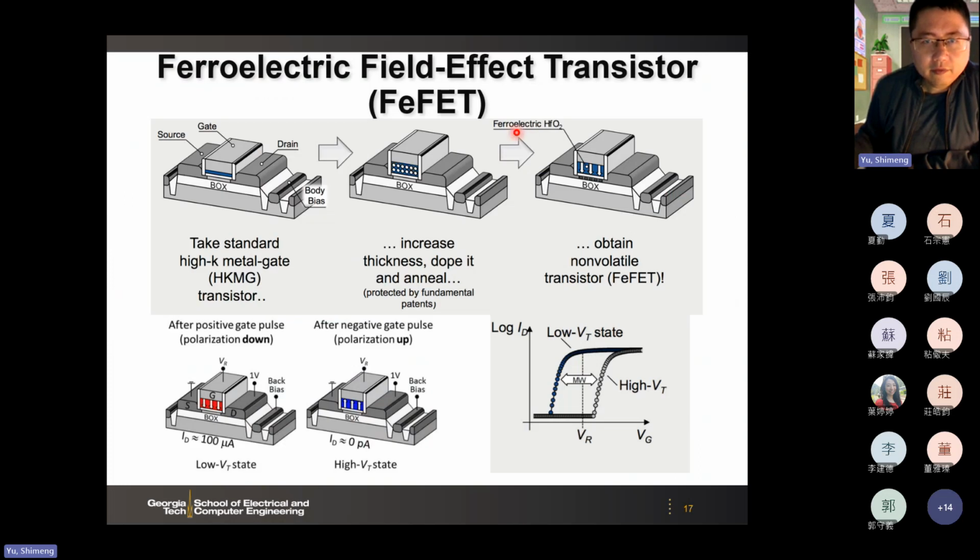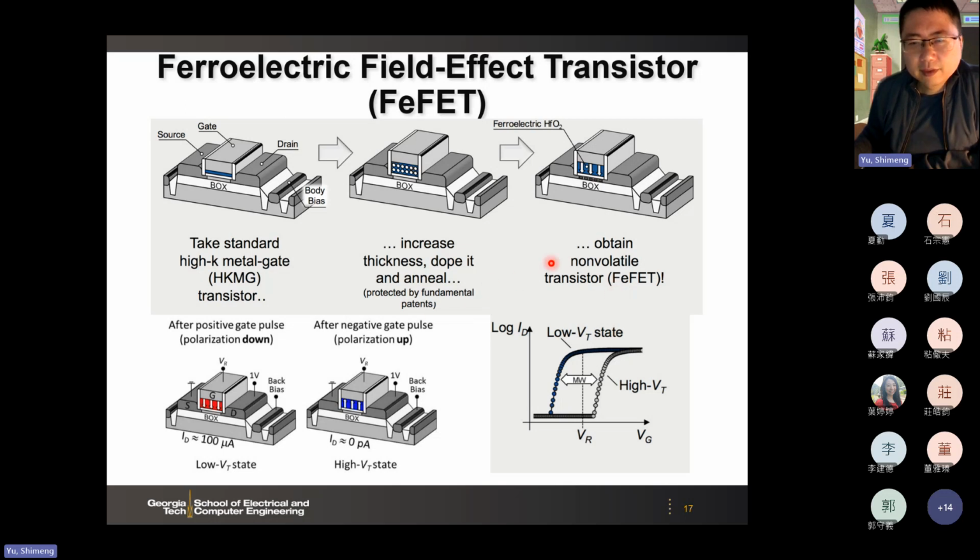And then the other device candidate is FeFET, and this is what we already discussed earlier. I will skip this part of the slide, but just to illustrate the change from the normal MOSFET: take a standard high-k metal gate transistor, increase the thickness of the hafnium oxide system, and then anneal it, then it becomes ferroelectric.